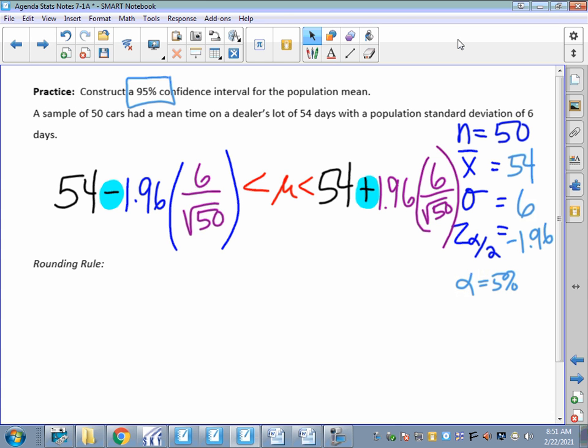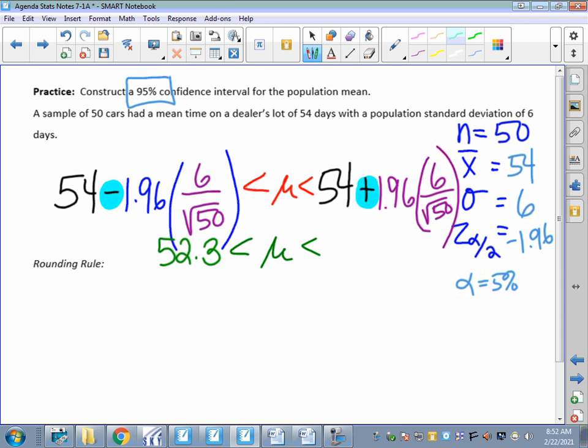And then it's just down to calculation. So two separate calculations. Do not try to do these at the same time. If my calculations are correct, I ended up with a 52.3 on this side. Please hit pause and check to see that you get a 52.3. Is less than mu, is less than, that looks like a 55.7.